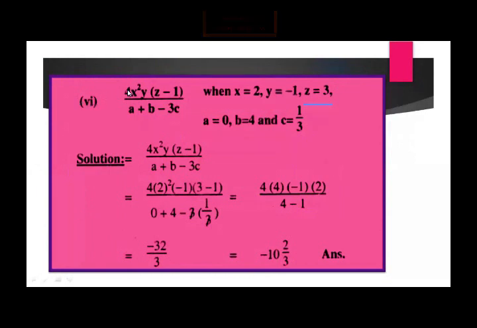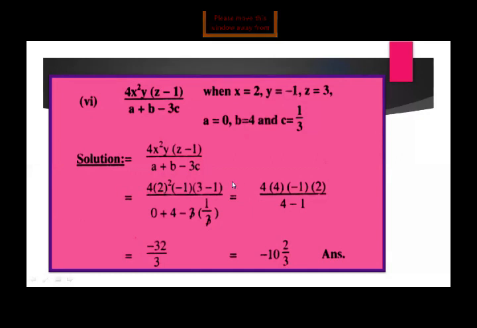Question 6. There is 4x square y into z minus 1 divided by a plus b minus 3c, when x equal to 2, y equal to minus 1, z equal to 3, a equal to 0, b equal to 4, and c equal to 1 upon 3. Again in the solution, we write the expression properly. In the next step, we draw brackets in place of the variables, put their respective values in each one, and then we follow the BODMAS rule.